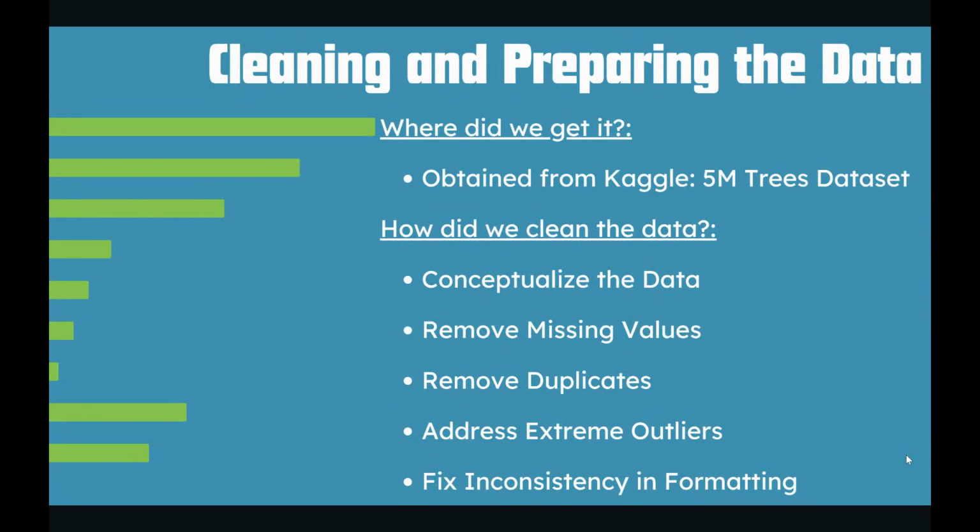So, cleaning and preparing the data. Like I said earlier, we got this data from Kaggle, which is the 5M trees data set. I looked at a bunch of different sources through Kaggle and different sites, and I realized that this one was the most thought out, and it had the most data, which honestly is a challenge in itself because there were the 63 CSV files and then 5 million trees relatively across all of those different data sets.